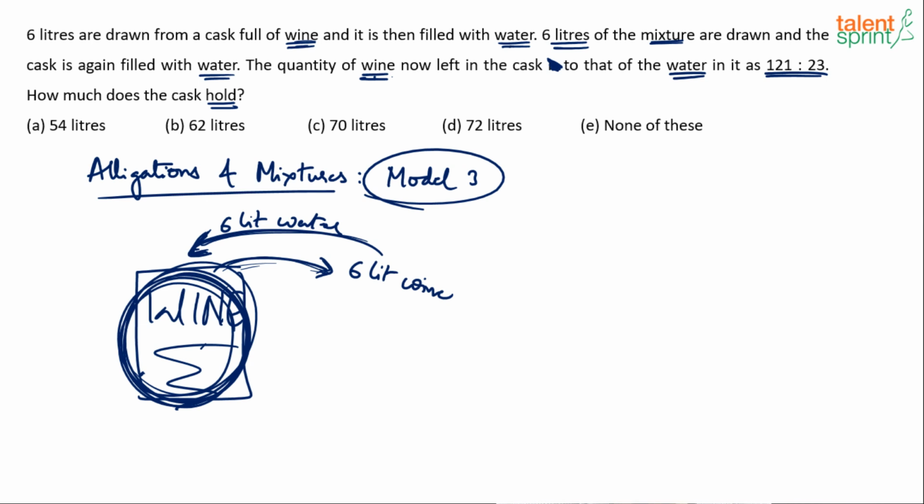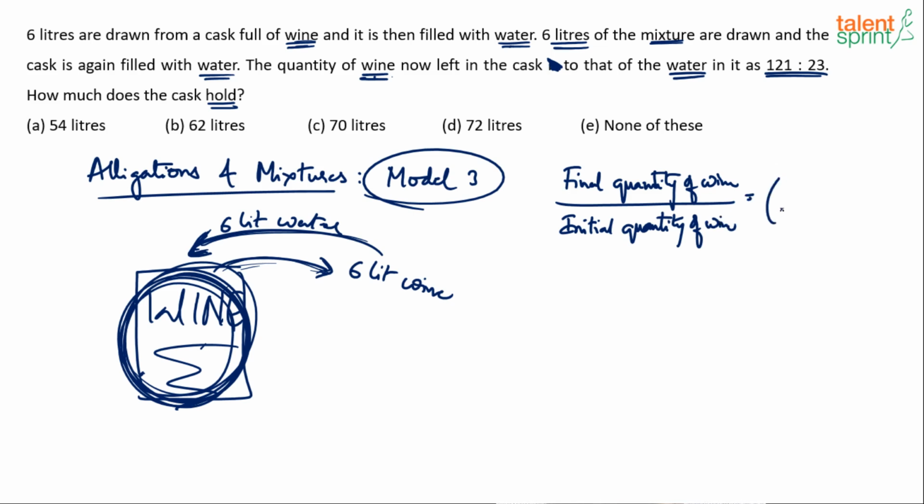Now the formula goes like this. Final quantity of wine by initial quantity of wine is equal to 1 minus the quantity removed by total capacity, the whole to the power n. It's like a compounding process basically.